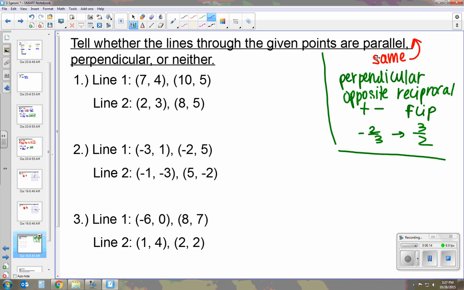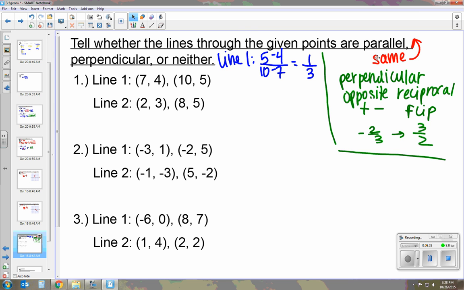So for line 1 for number 1, it's going to be 5 minus 4 over 10 minus 7, and that gives us 1/3.